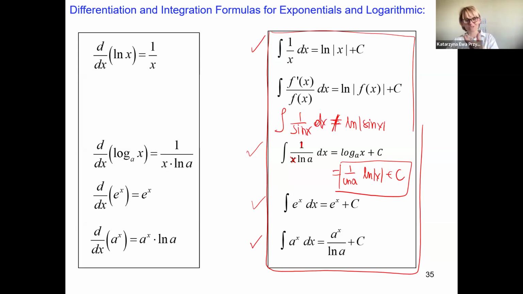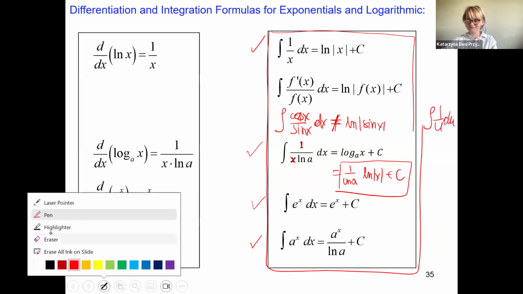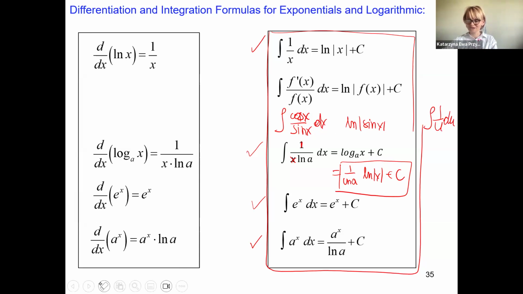By the chain rule, the cosine is missing. But if I put cosine of x, if we think about the u substitution, u will be sine of x, du is cosine x dx. We will end up with 1 over u du. Then it's correct.